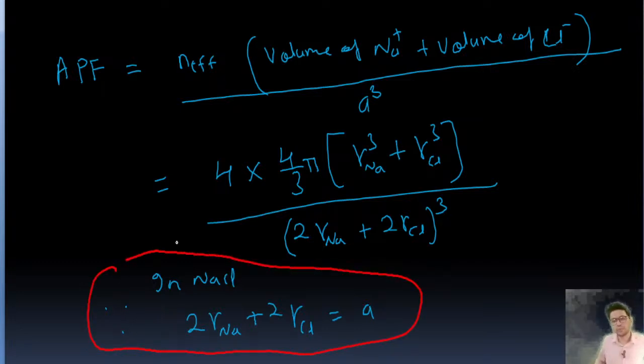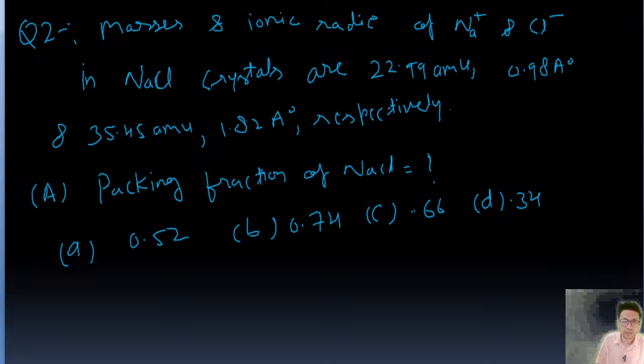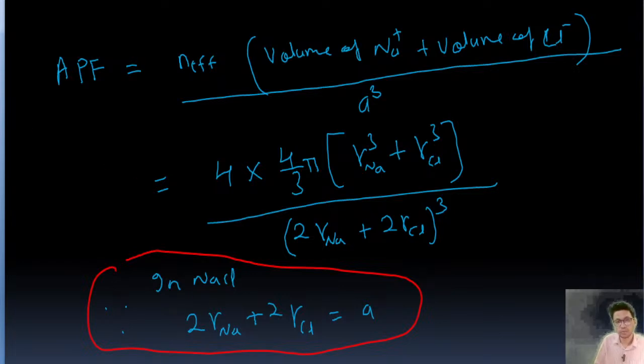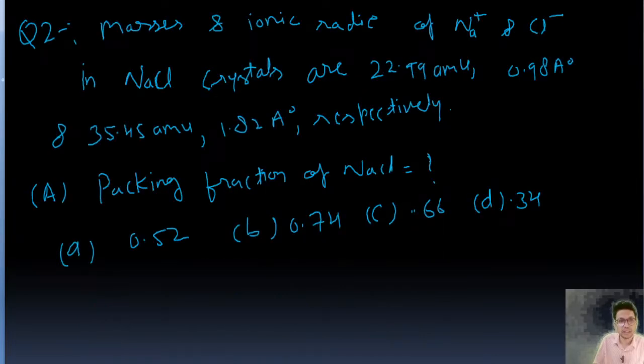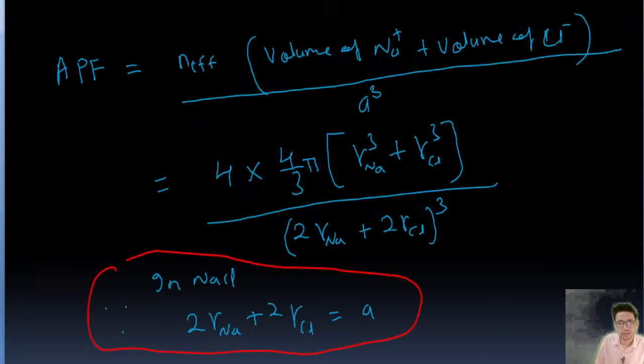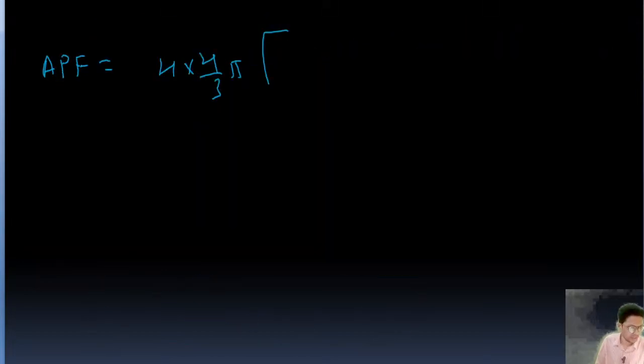Now, very simple, we'll put the values here. This is the APF, atomic packing fraction, which we need to find: 4 into 4/3 π. The radius of Na is 0.98 angstrom and the radius of Cl is 1.82 angstrom, right? Have I made any mistake?